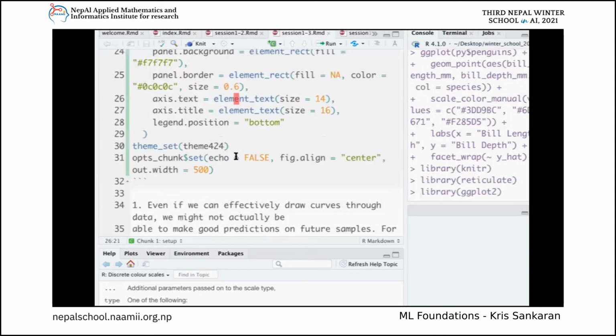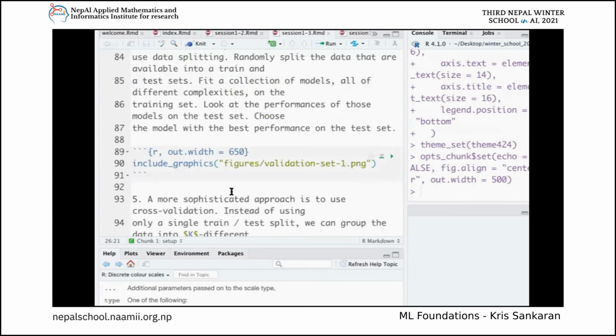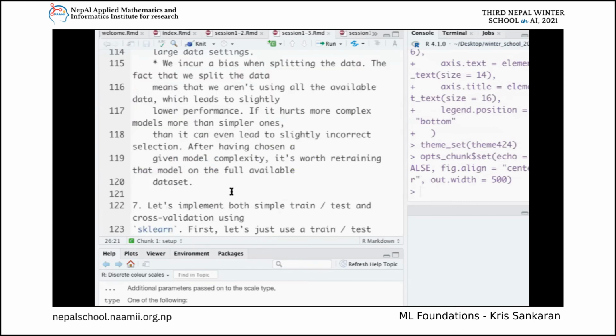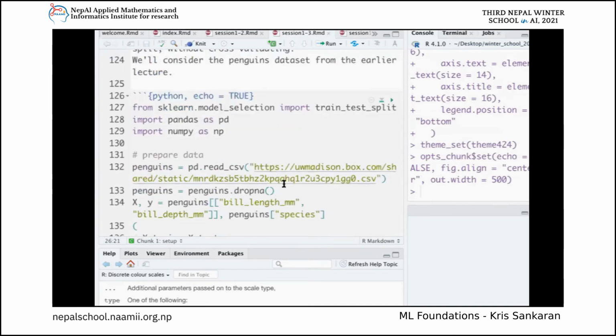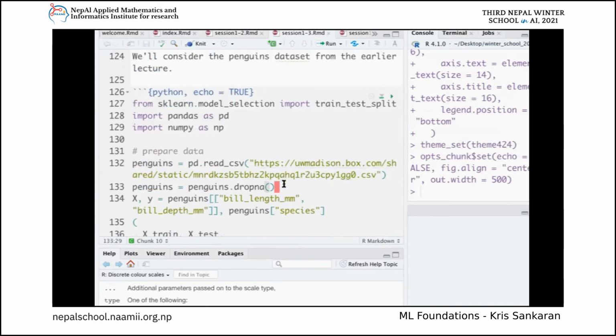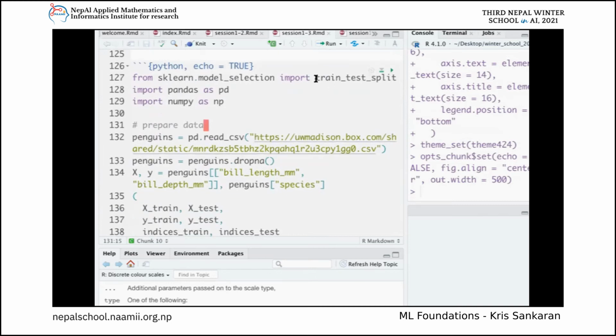These are just the plots. Okay, so let's look at the penguins data set again. Before I was fitting it on the training set, it's not a good idea. Or I was evaluating it using all the samples. So shouldn't do that. What I'm using here is a function called train test split, also in scikit-learn.